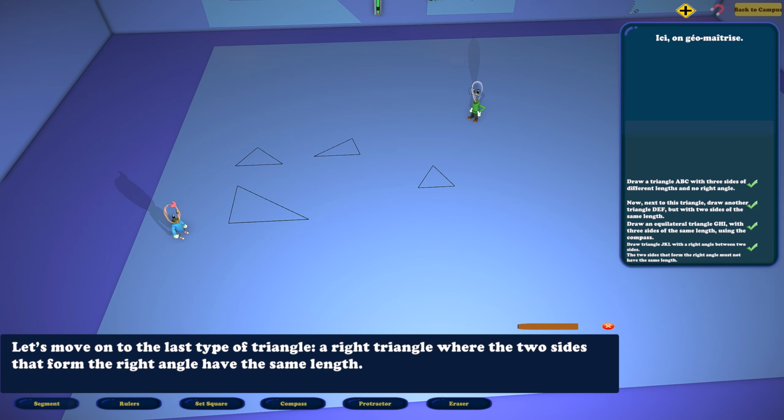Let's move on to the last type of triangle, a right triangle where the two sides that form the right angle have the same length.